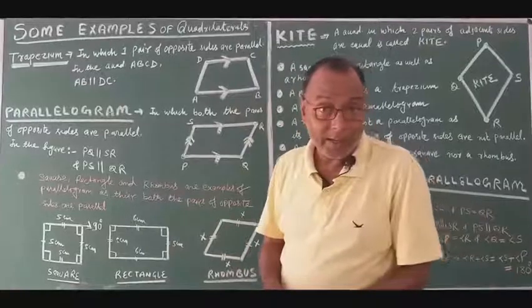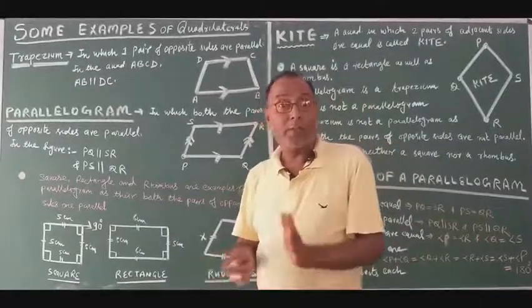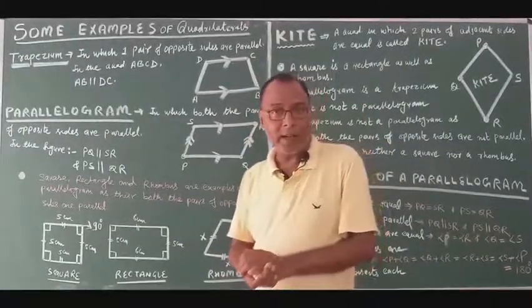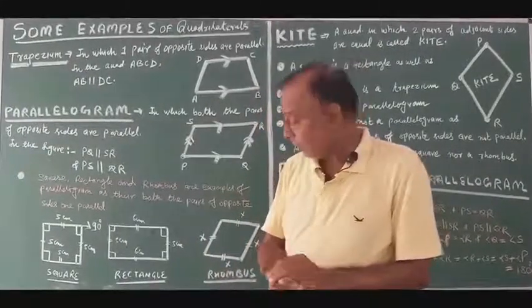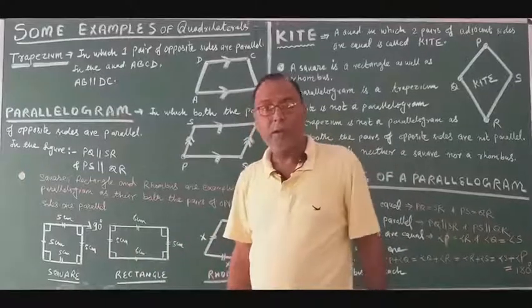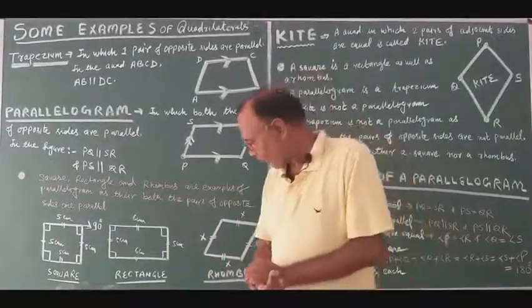So what is a rectangle? A quadrilateral in which all the four angles are 90 degree and the pairs of opposite sides are equal. That is a rectangle.